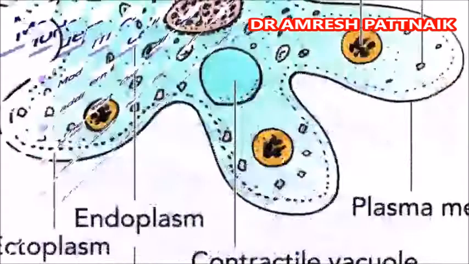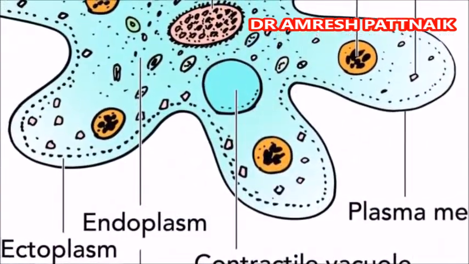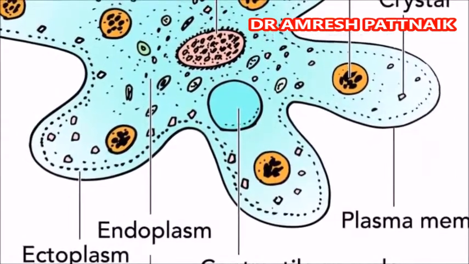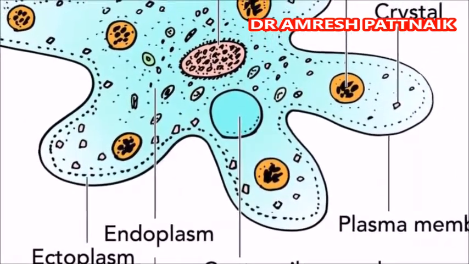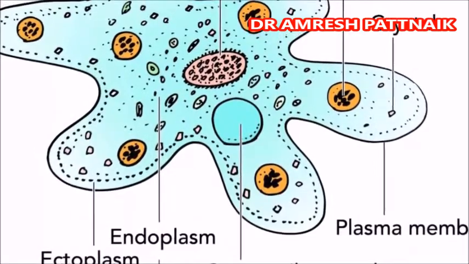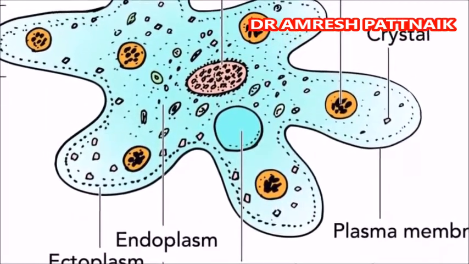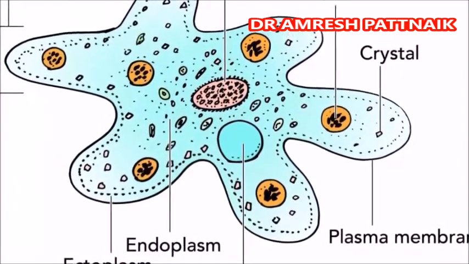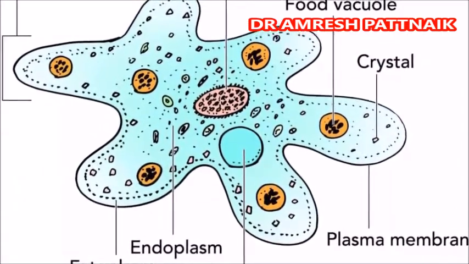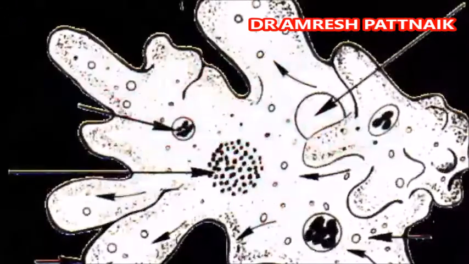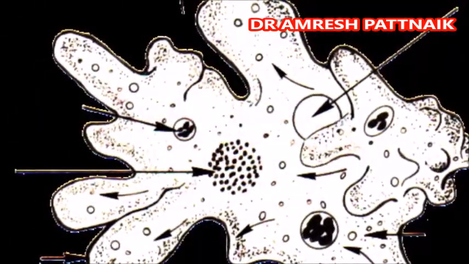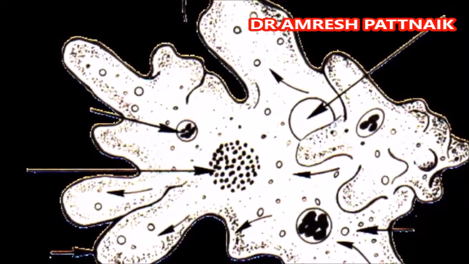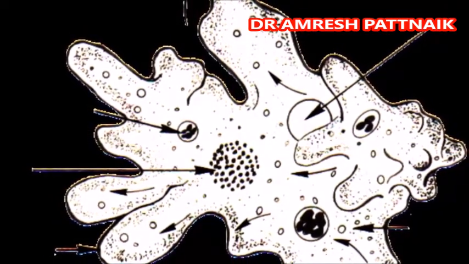These are organelles, the nucleus, etc. If we look at the structure of amoeba, it is unicellular, a single cell, but all life processes are maintained in this single cell. You will find the endoplasm, ectoplasm, plasma membrane, food vacuole, crystal and so on. Most important, three types of vacuoles are found: water vacuole, food vacuole and contractile vacuole.